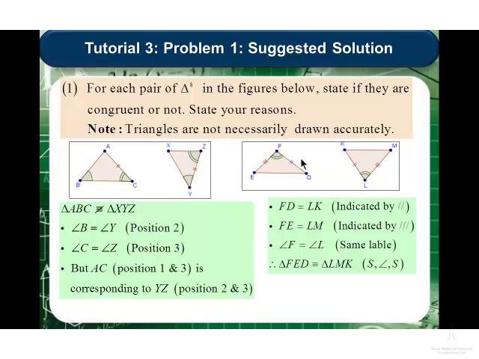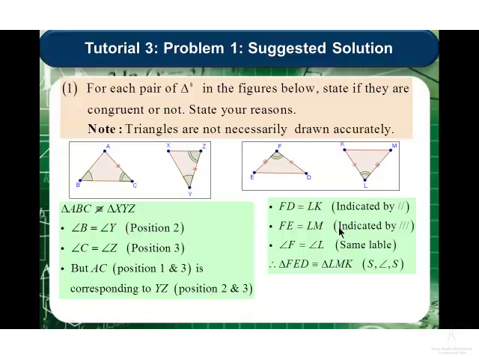That's indicated on the screen. And also the side FE has the same length as the side LM, also indicated on the screen. And furthermore, we have that angle L is the same as angle F. And these two angles for both triangles are the angle between the corresponding equal sides.